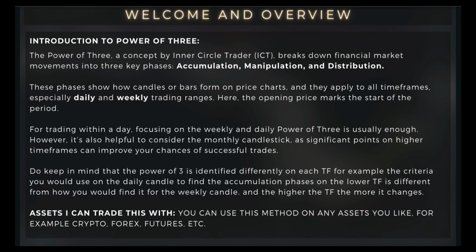So when we're talking about the Power of 3, we're talking about a little bit extra outside of AMD, or accumulation, manipulation, and distribution, because the Power of 3 is kind of like a little strategy on its own, and AMD is kind of a little bit separate. But Power of 3 basically comes from AMD. It's just that with the Power of 3, you're adding a few more steps to use it to frame your bias or your trade plan.